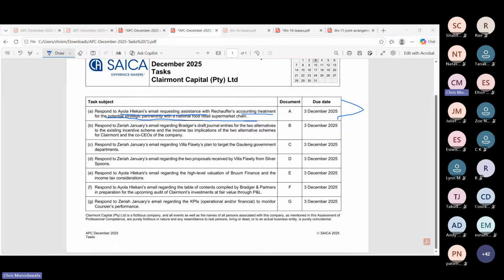Number 3, coverage assists me to respond to all stakeholders mentioned. Have I responded to all stakeholders mentioned? Number 4, coverage assists me to address all relevant technical disciplines.